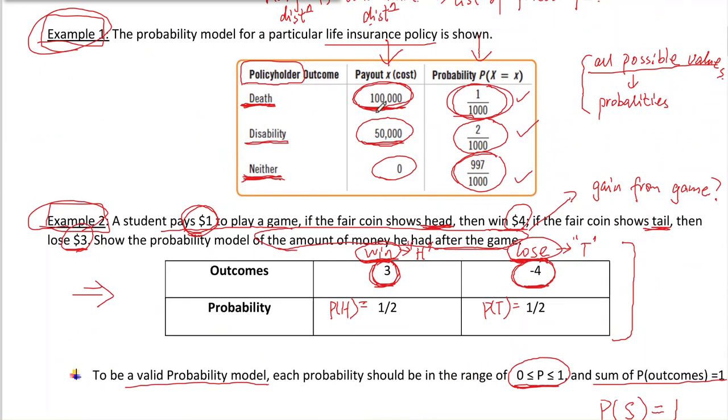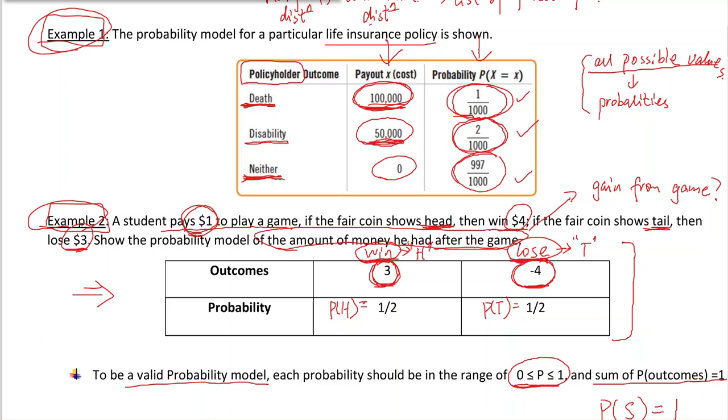The life insurance company will pay $100 for the death, but for this death, you only have this small probability, which is 1/1000, right? And then for the disability case, you need to pay 50,000 out, but you have again a small probability, right?